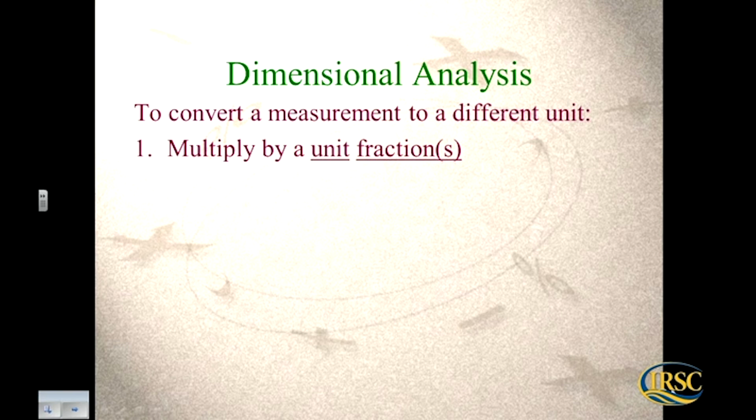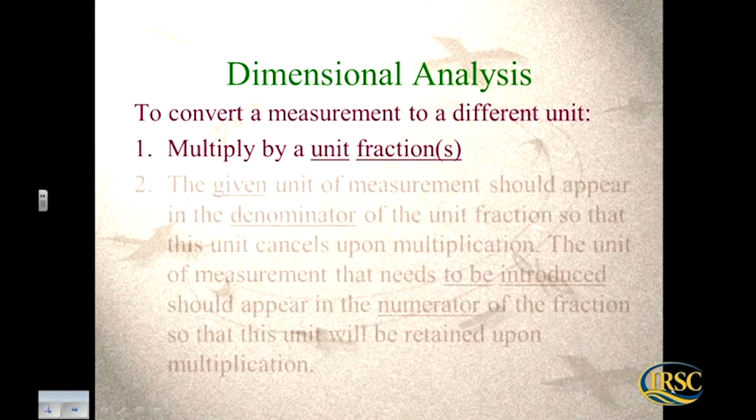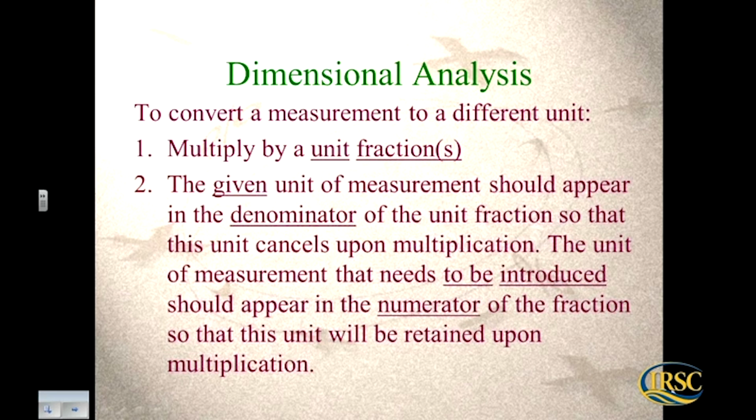The way to figure out what order it's supposed to be in is step 2. The given unit of measurement should appear in the denominator of the unit fraction so that the unit cancels upon multiplication. The unit of measurement that needs to be introduced should appear in the numerator of the fraction so that this unit will be retained upon multiplication.